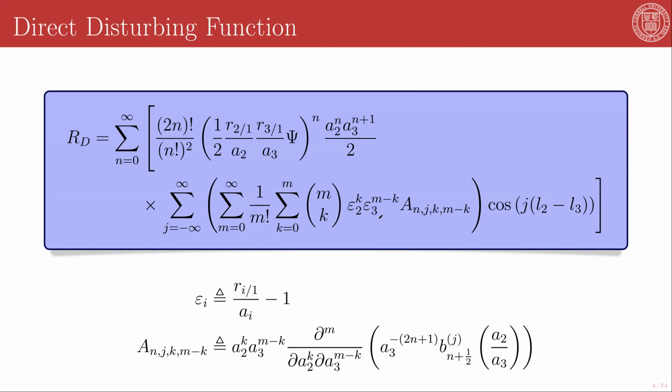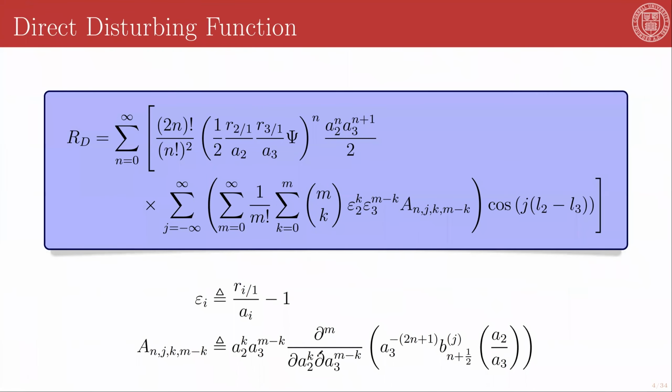And so this innermost summation is from k equals 0 to m of m choose k times epsilon 2 to the k times epsilon 3 to the m minus k, where epsilon is defined as the orbital radius magnitude of body i scaled by its oscillating semi-major axis minus 1, all times this four-dimensional coefficient matrix A sub n j k, m minus k, which is defined as follows.